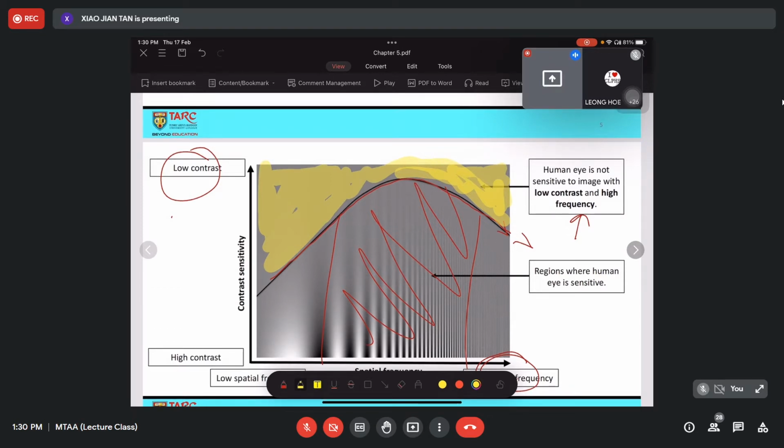When I want to compress an image, I will try to remove the information from the yellow region, and try my best to preserve the information in this region, because this region is much more meaningful to humans. Even if you retain the information in the yellow region, it is not important because the human eye cannot see it at all.